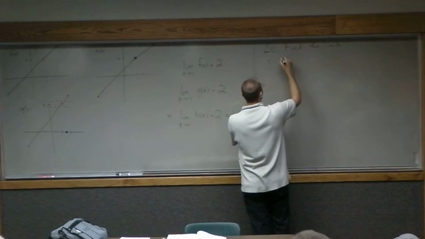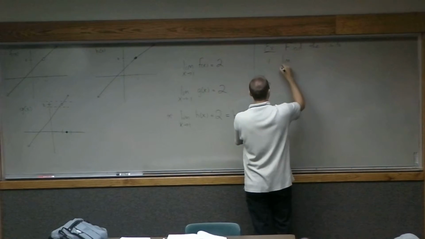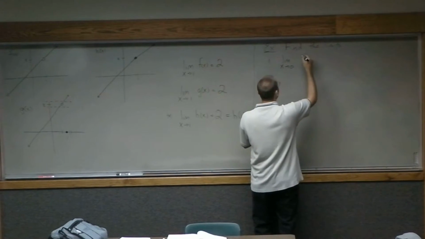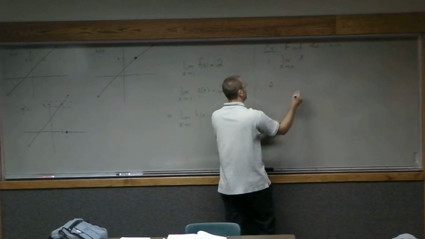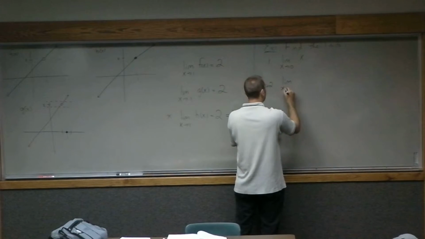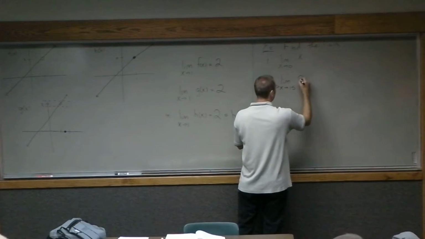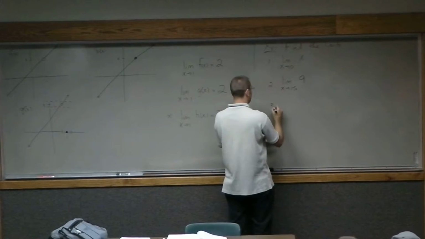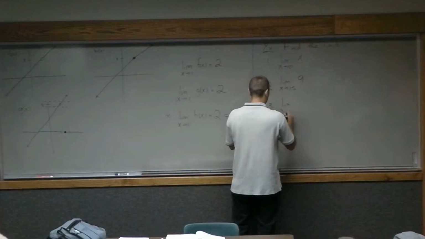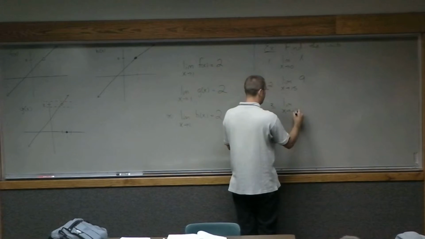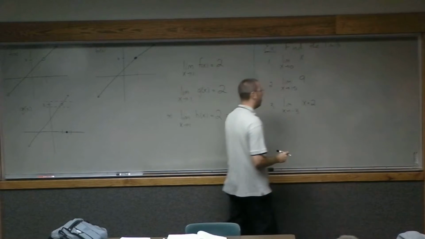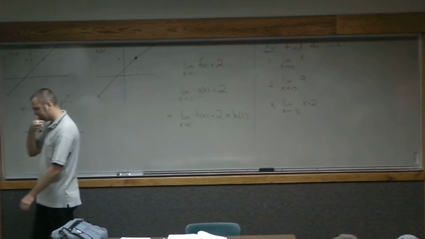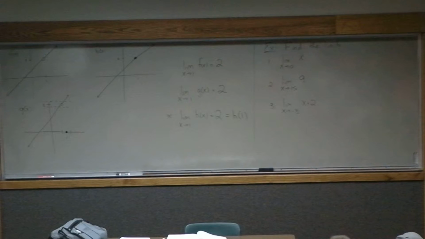The first one, we'll take a look at the limit as x approaches 0 of x. Second, the limit as x approaches 15 of 9. The third, the limit as x approaches negative 3 of x plus 2. All right. Really basic limit stuff.